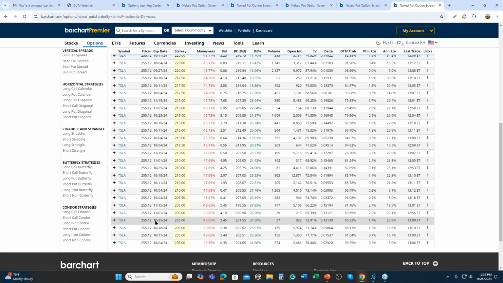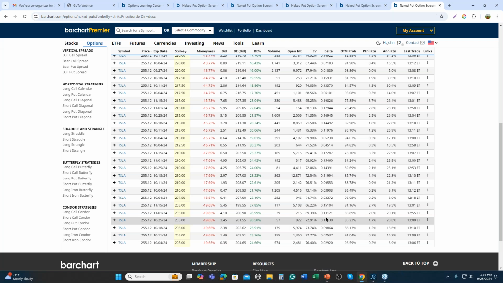Here we can see an October 25th option will give us a 1.7% return, or 20% annualized. It has only an 85% probability of finishing out of the money, and the stock price currently would have to fall 26.5% until I would probably need to do some type of risk management. So that would probably be a good candidate for our strategy.